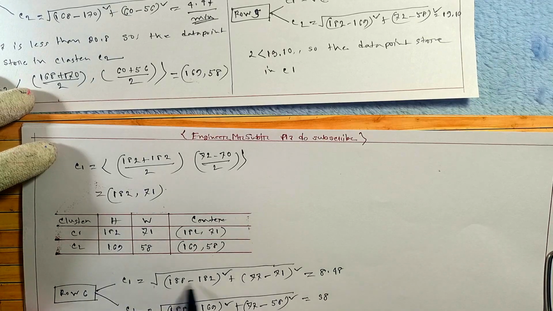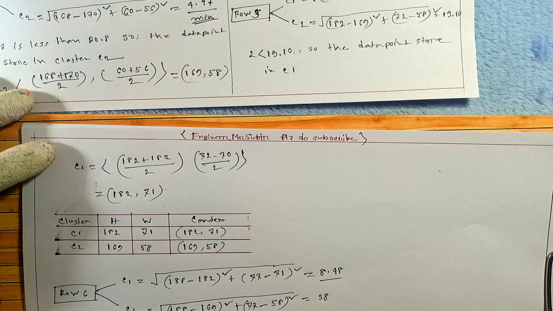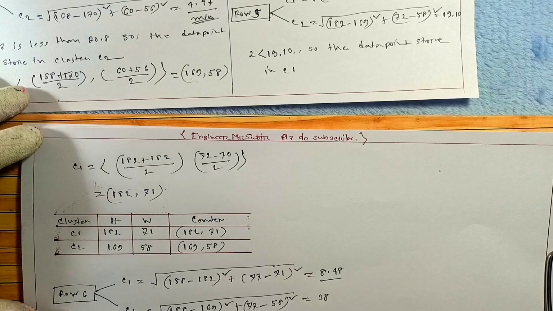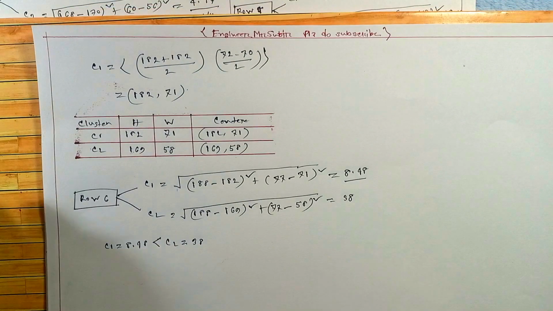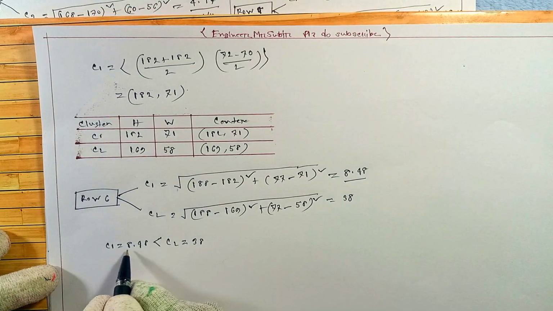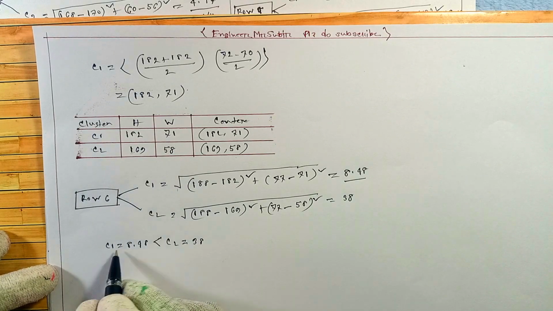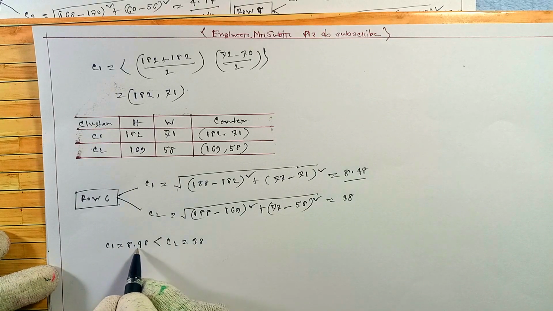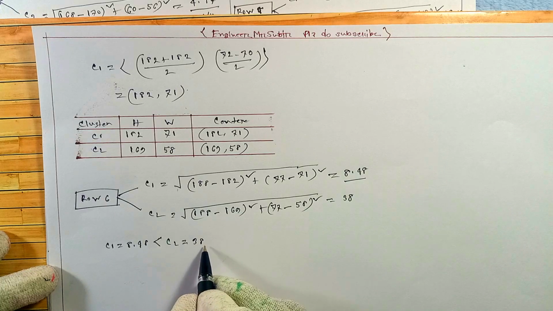So again C1 is minimum. We can write it this way: 8.48 is minimum, then C2 equals 38. I'm just writing this, but you can write only that C1 is less than C2, or that 8.48 is less than 38.